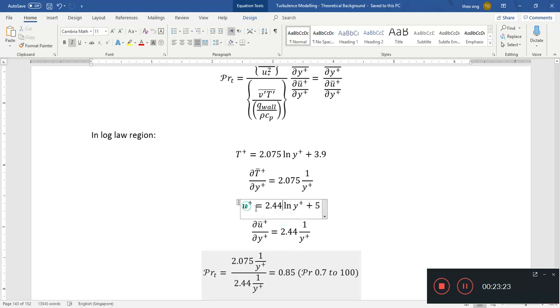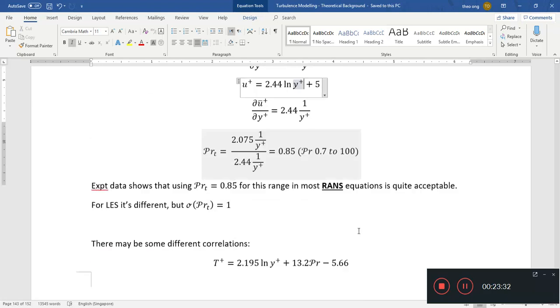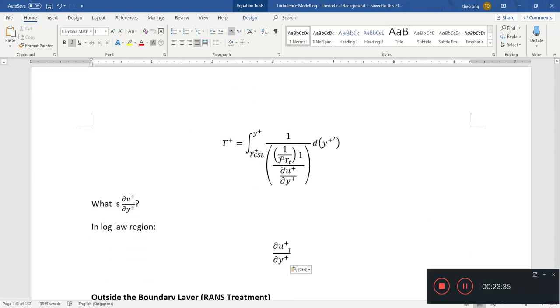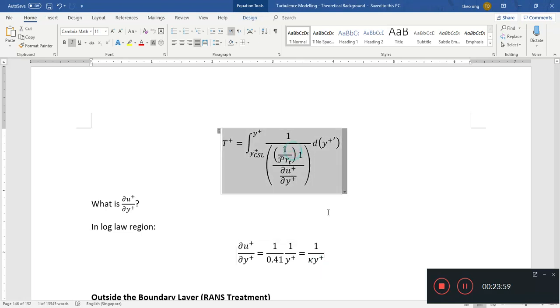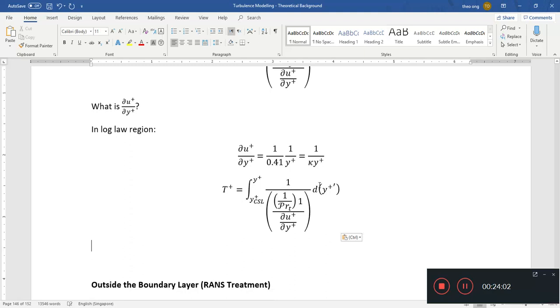So du plus dy plus here, you just differentiate, and you get 1 over 0.41 times 1 over y plus. This 0.41 is actually the von Karman coefficient, and you might see it written as kappa y plus, where kappa is the von Karman coefficient. We can substitute that in again, and that will roughly land you where we need to be.